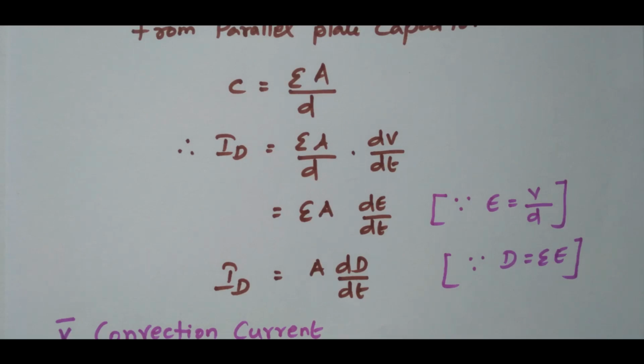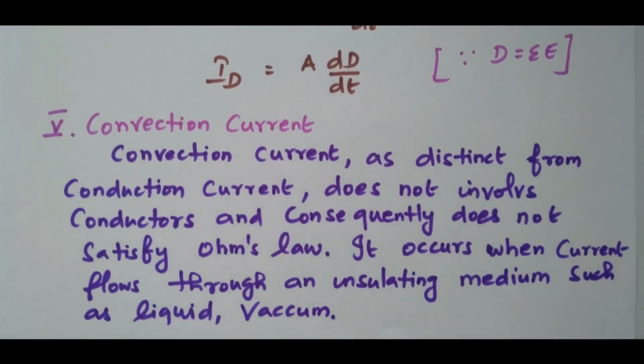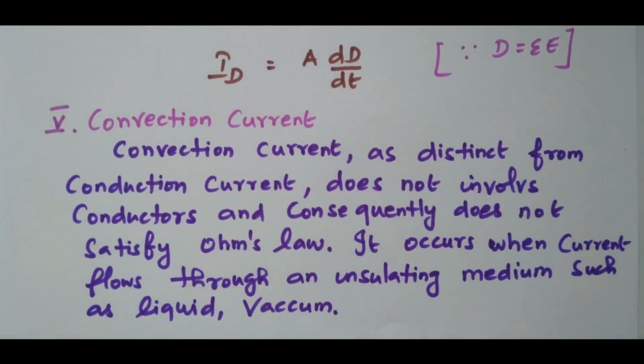Now we'll see the convection current. The name is given, convection means it is distinct from the conduction current, does not involve any conductors, and also it will not satisfy Ohm's law, right? Convection current means it is completely different from conduction current.